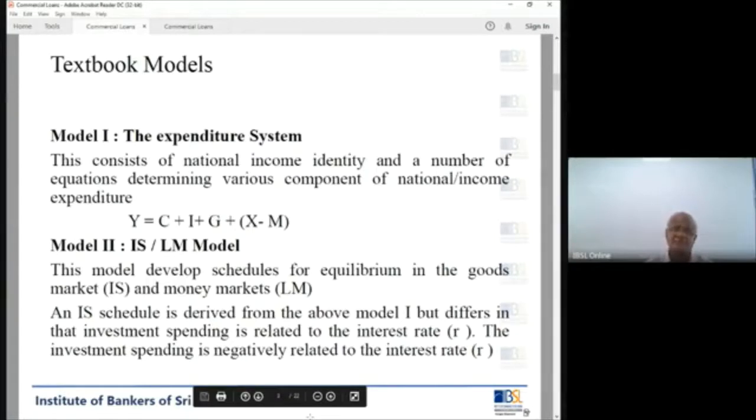Then the second model, the IS-LM model. IS-LM is the technical name for this one. This model develops schedules for equilibrium in the goods market and the money market. Remember, in the free enterprise economy system, there is a market for rice: demand for rice, supply of rice; demand for paddy, supply of paddy; market for fish, demand for fish, supply of fish.